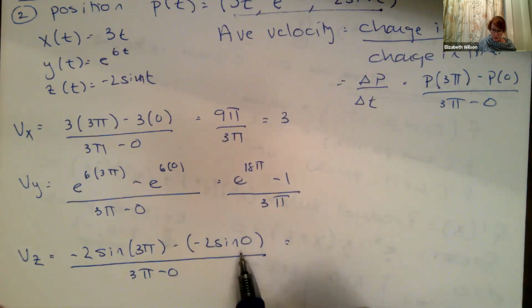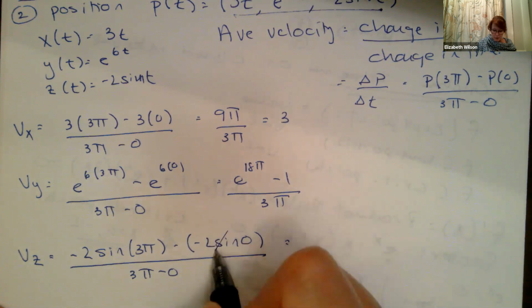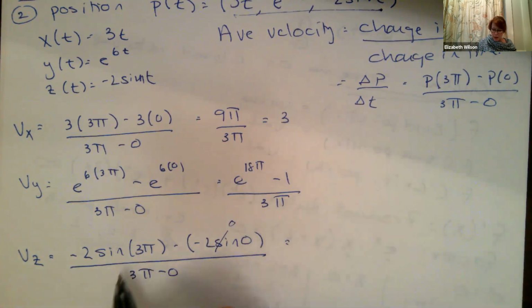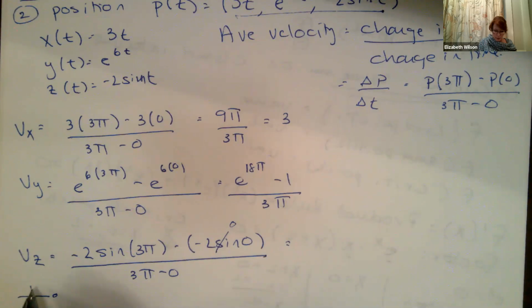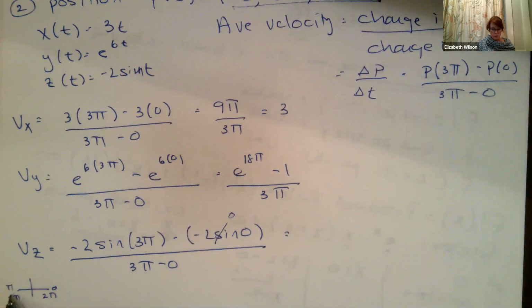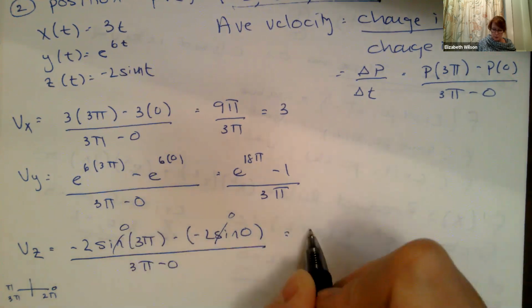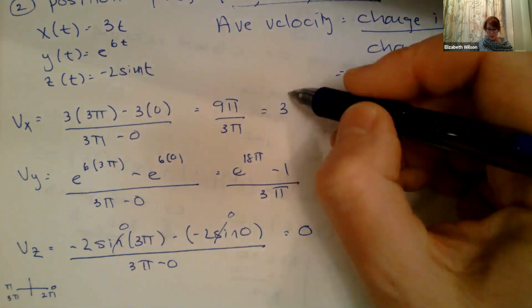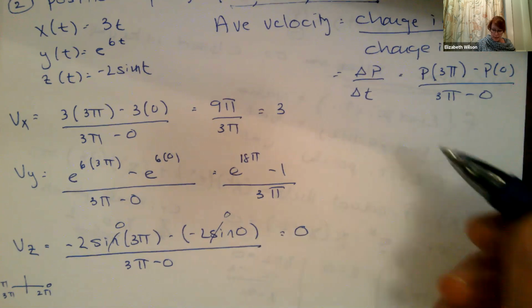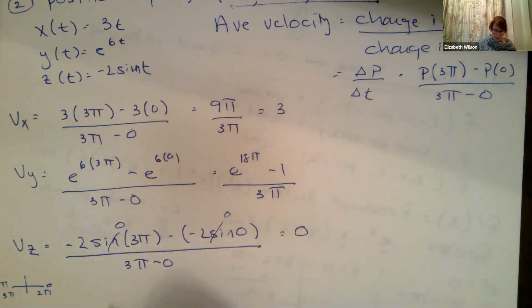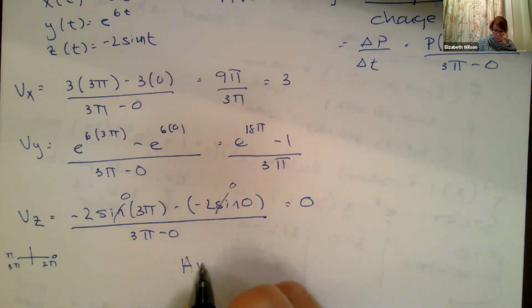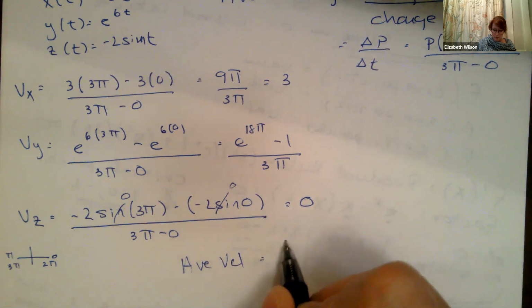All right, let's think. So sine of 0, this is 0. So let's think about 3 pi, right? So here's 0, here's pi, here's 2 pi, here's 3 pi. So my odd pi's are the same thing. They're right here. So my sine of 3 pi is also 0. So this is equal to 0. I accepted this as an answer, but technically speaking, I needed to put this back into a vector.